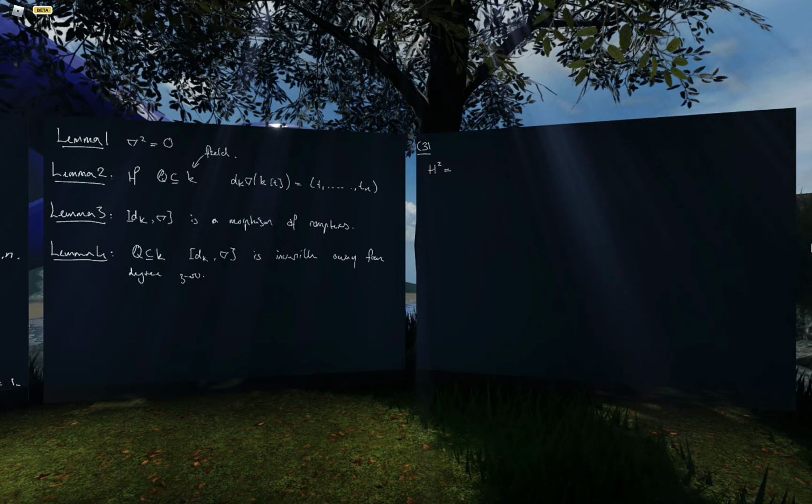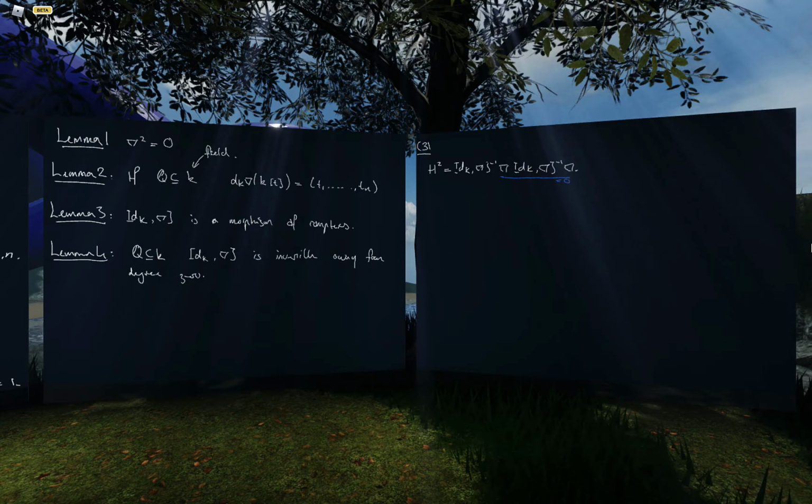So h squared, well, that is dk nabla inverse nabla dk. And what we're going to do is show that this thing equals 0.